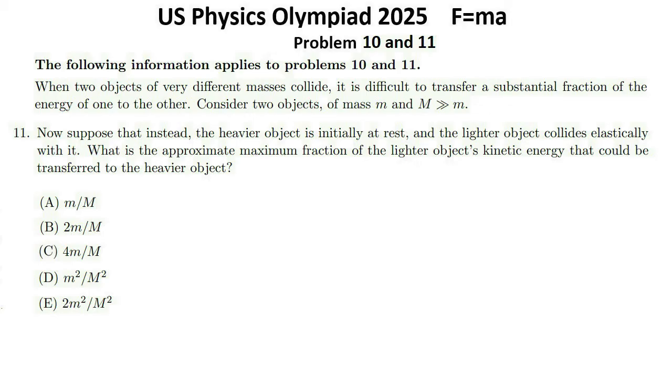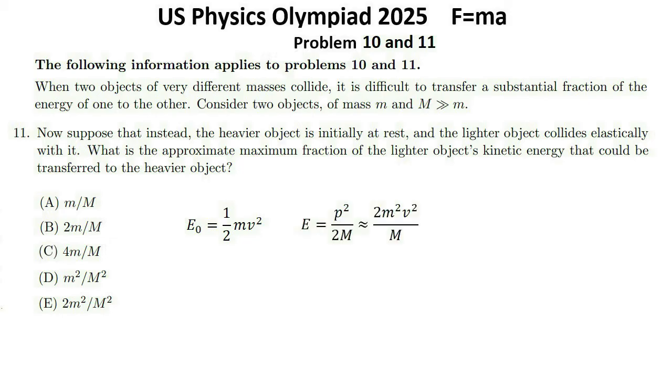Let the lighter object have initial speed v. So the total kinetic energy E0 of this object is 1/2 small m v squared. Since big M is much greater than small m, its final speed is also approximately v, but the direction of the velocity is reversed, so the impulse given to the heavier object is about 2 small m v.